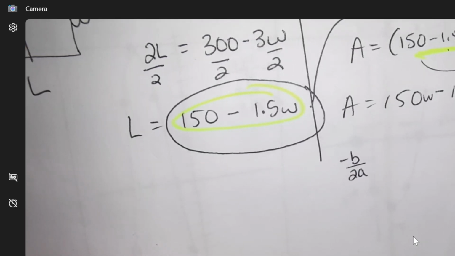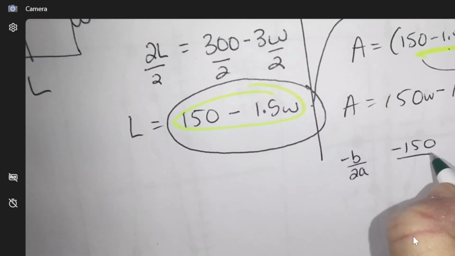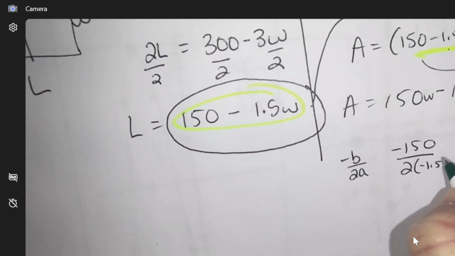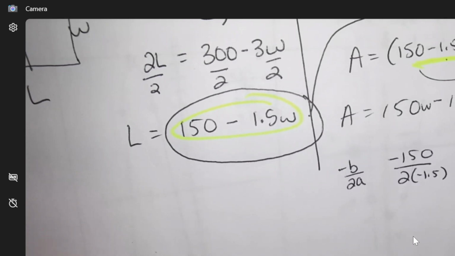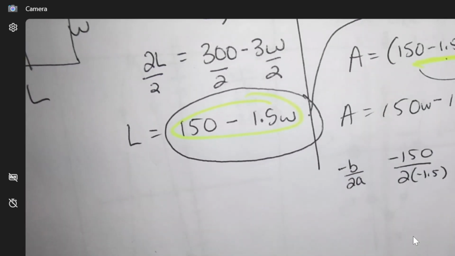Do you understand that there's just no C value in this equation? That's not there. So be careful, what's your A and what's your B? Okay, again, A is not the first thing. A is how many x squareds you have.